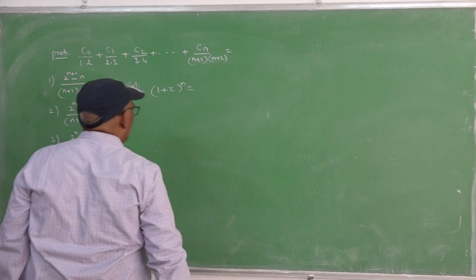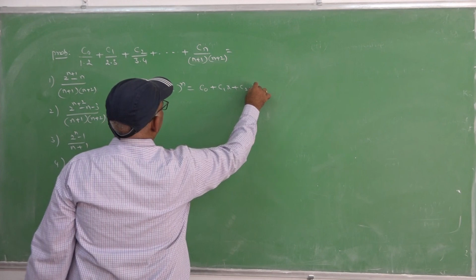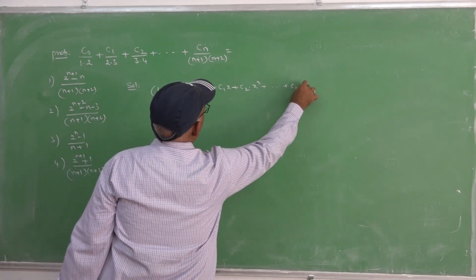1 plus x whole power n, taking this one, c0 plus c1x plus c2x square and so on, cn x power n.